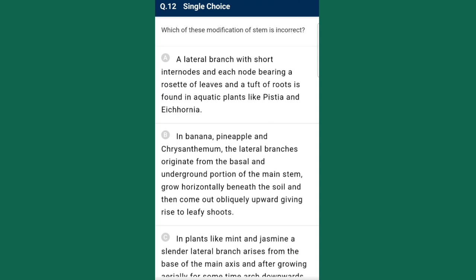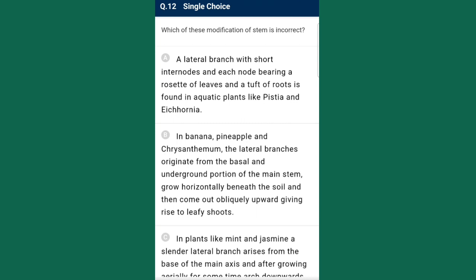In plants like mint and jasmine, a slender lateral branch arises from the base of the main axis and after growing aerially for some time arcs downwards to touch the ground. Lateral branch with short internodes and each node bearing a rosette of leaves and a tuft of roots is found in aquatic plants like Pistia and Eichhornia. This is called offset.